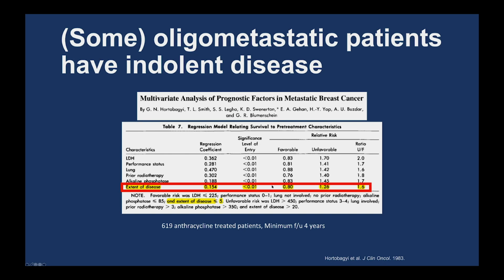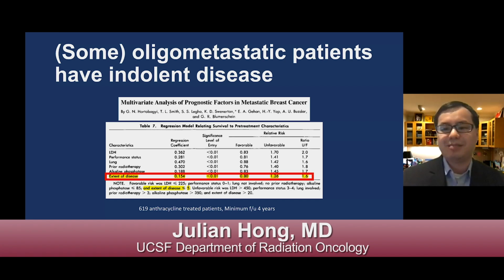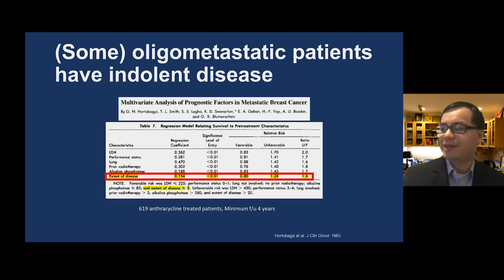Here, the relative risk was 0.8, or less than 1, which suggests that they had a better outcome than the reference group. And those are patients who were just treated with chemotherapy without directed courses of treatment to try to eliminate areas of metastatic disease.